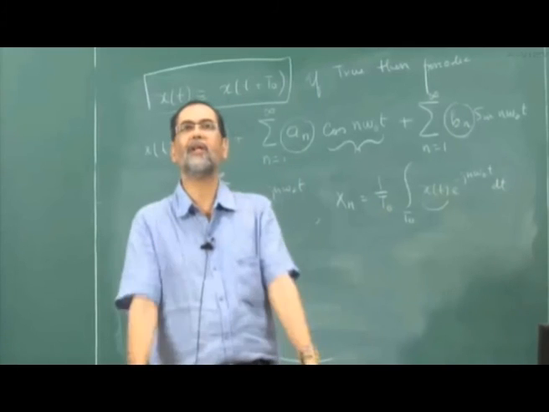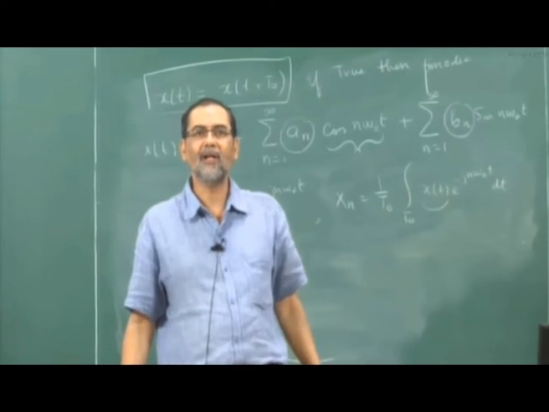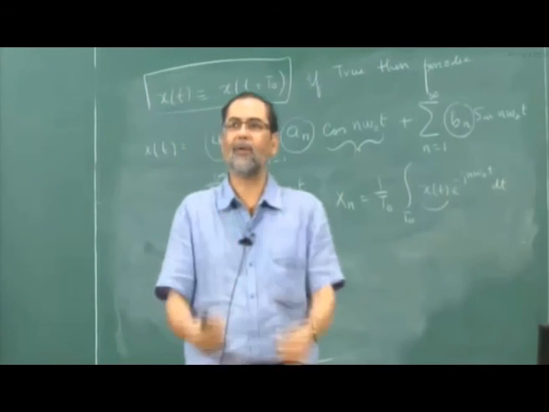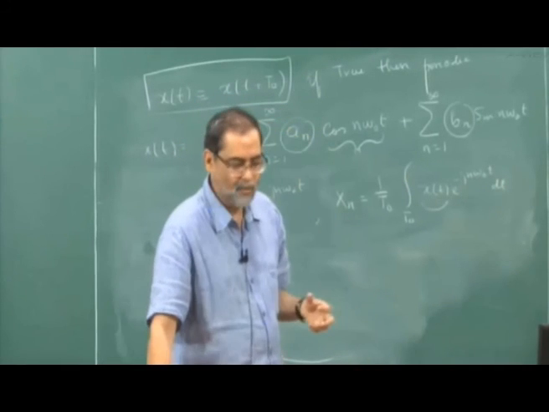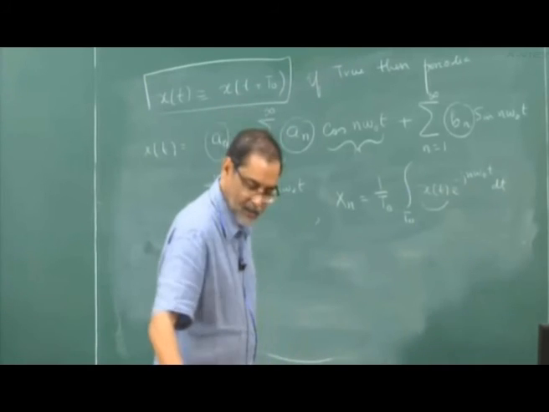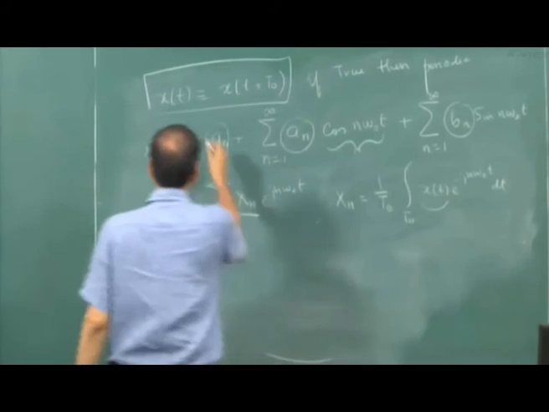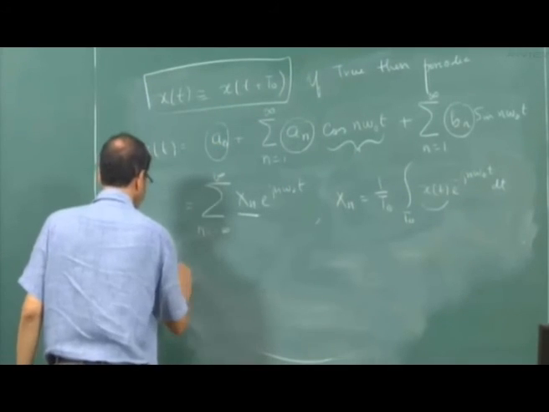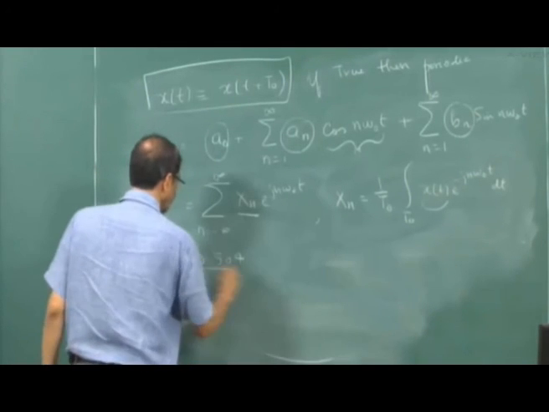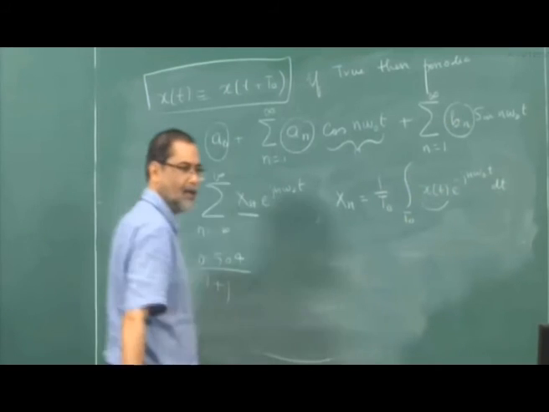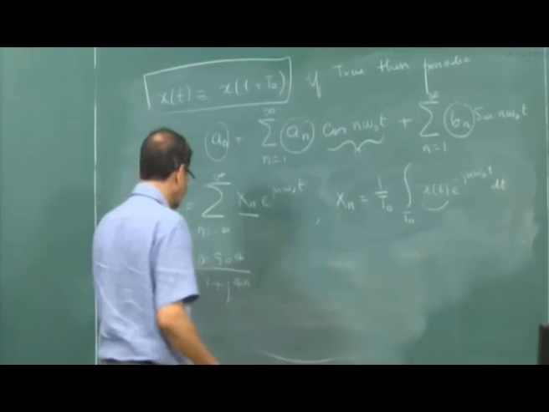I leave that part to you. Please attempt and do the integration, and it turns out that after doing all that, xn for this particular problem turns out to be 0.504 divided by 1 plus j 4n. That is the xn I get.